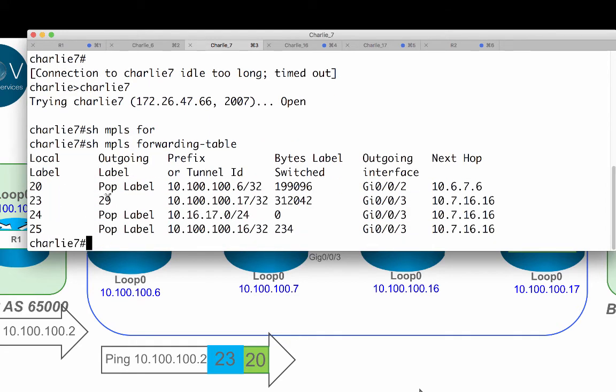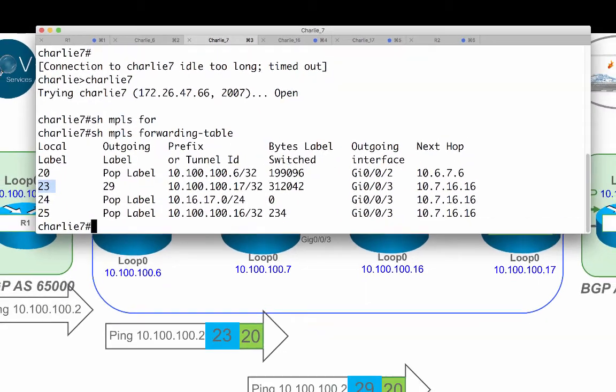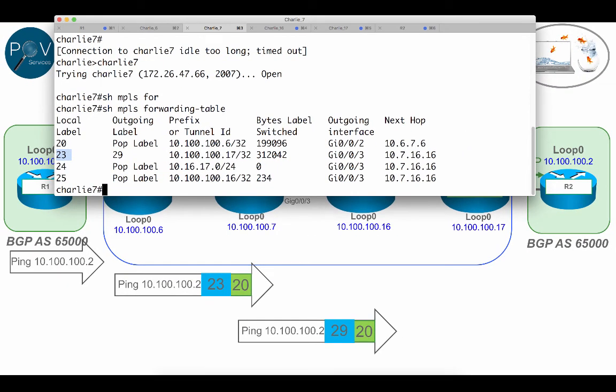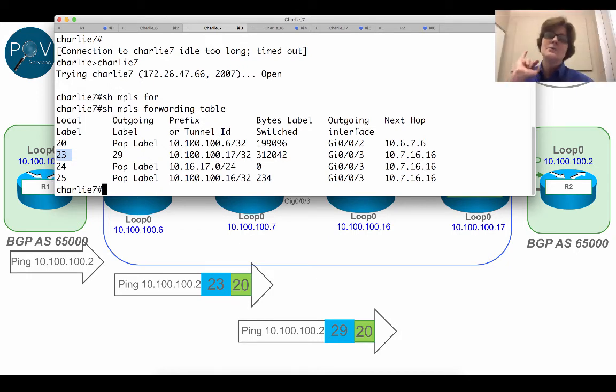And what we see is if a 23 comes in, what Charlie7 is instructed to do is swap the labels. Take 23 off, put an outgoing label on of 29, and then send it out gigabit 0/0/3.